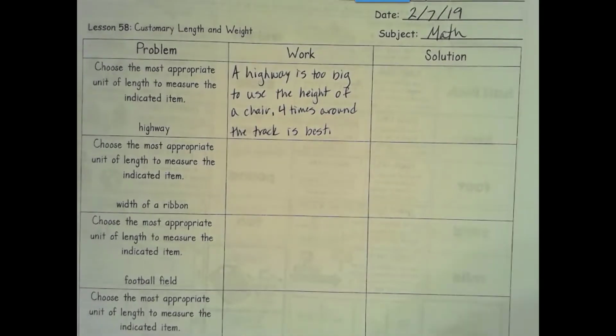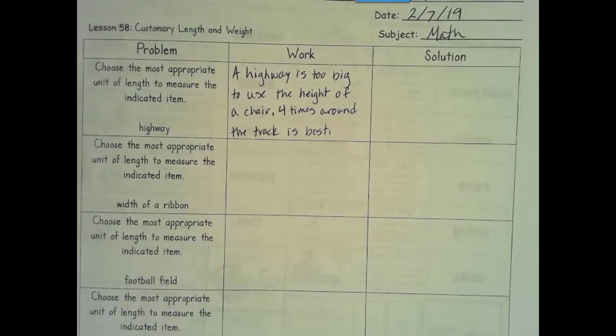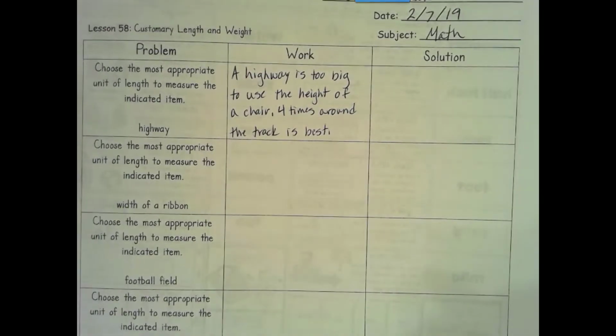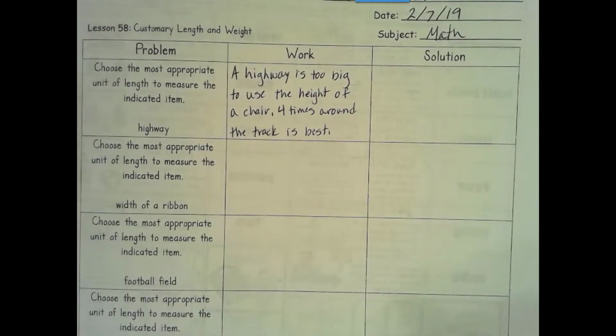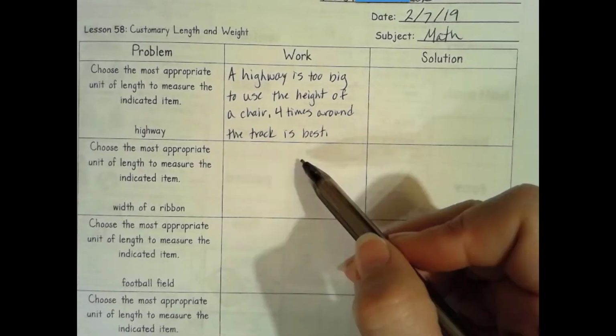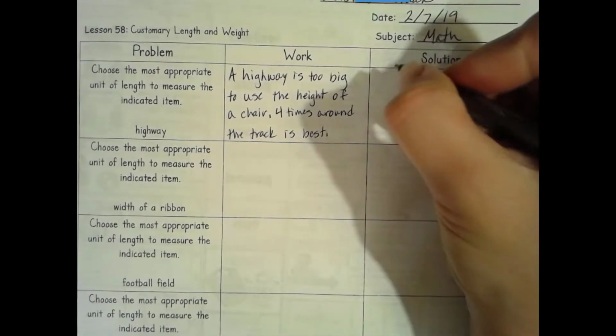So that 4 times around the track, that would be miles. Height of a chair, that would be your yards. So yard would be too small. So anything smaller than that would be even more too small. So the best unit of measure would be that 4 times around a track, or a mile.